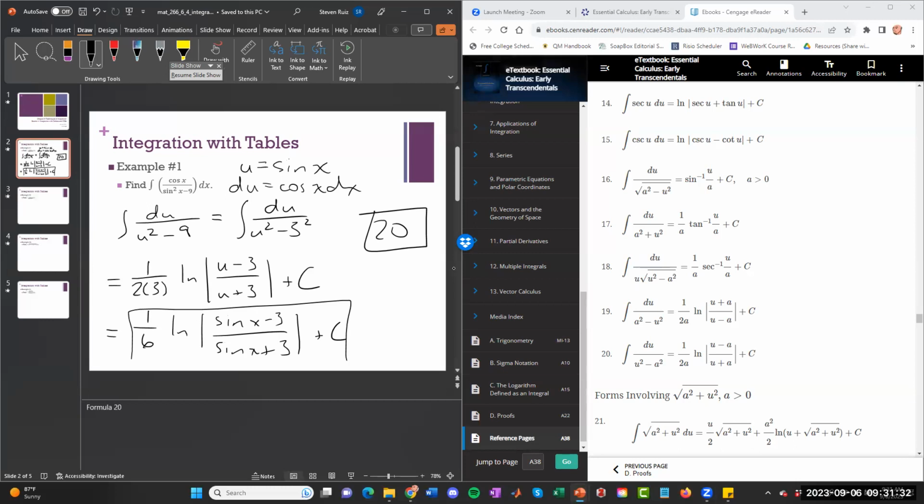Since this gives a natural log integral, there's probably a way to set this up where it's some function in the denominator, some multiple of the derivative of that function in the numerator. I'm not seeing exactly how that looks right now, but even getting there would take some algebra to manipulate it. It's not ready to do that in that form.